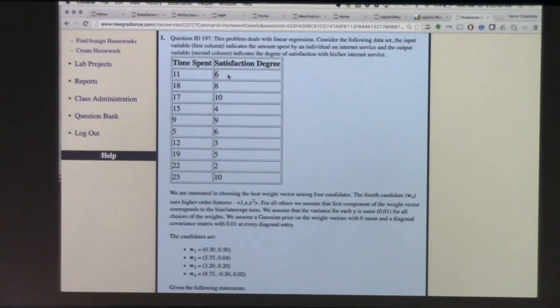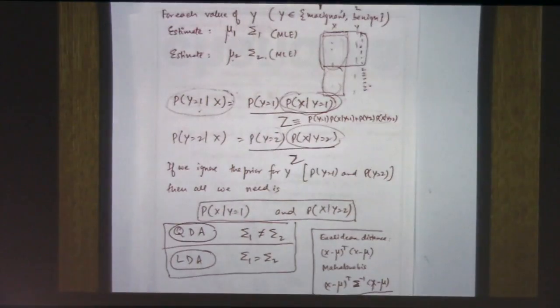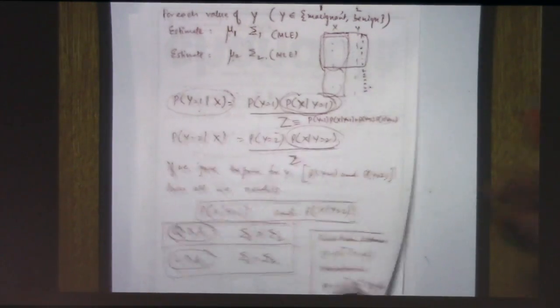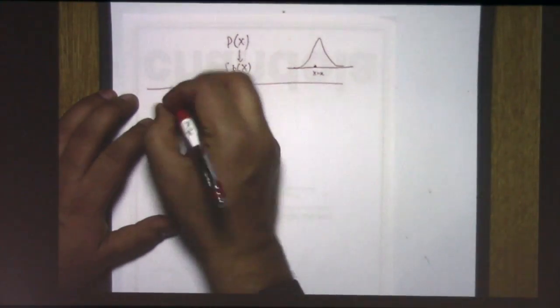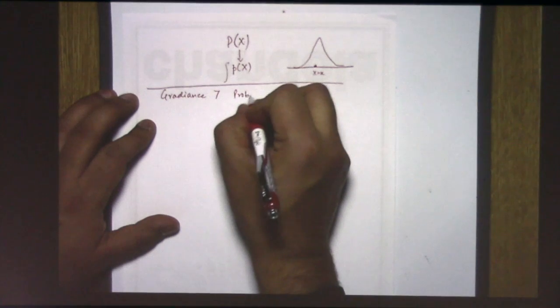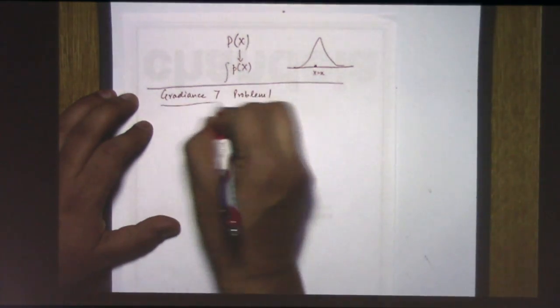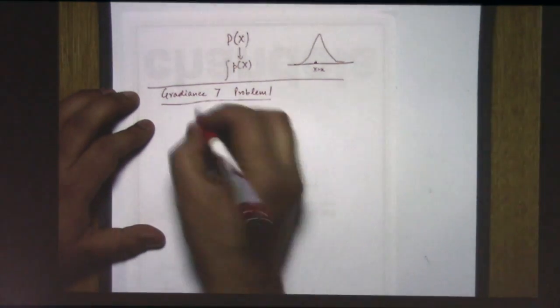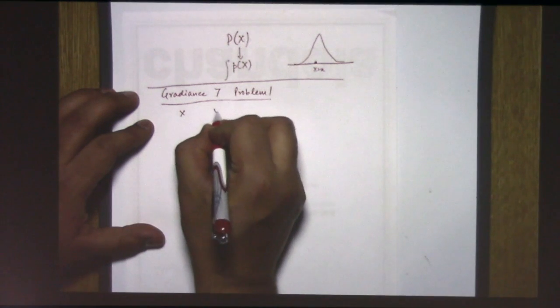So let me go here. Right now we are looking at gradients 7, problem 1. Let's say this is your data, your x and y.